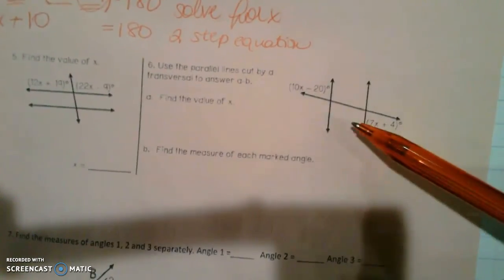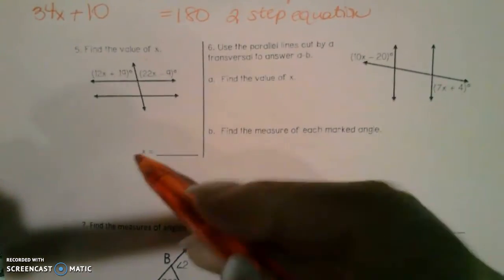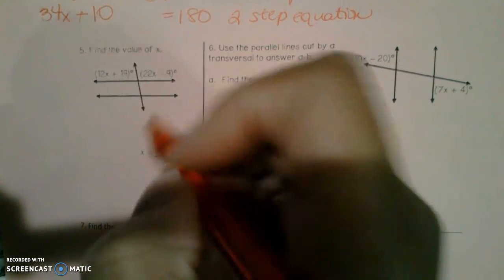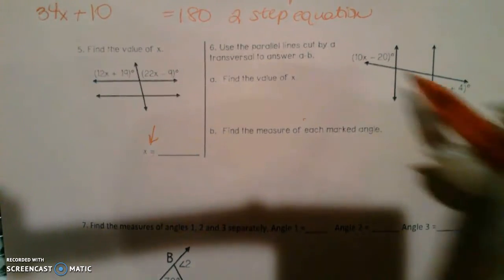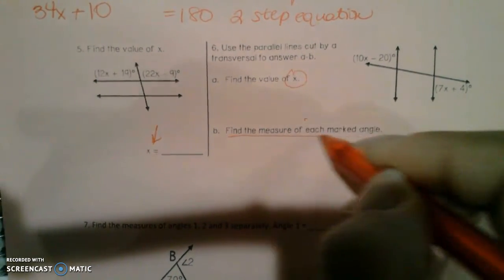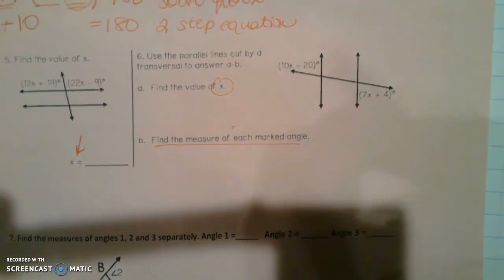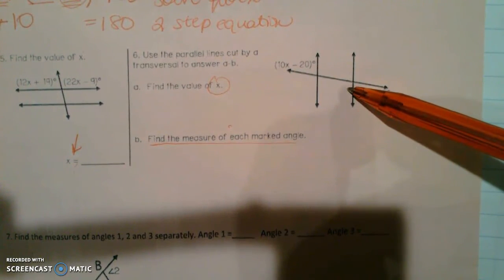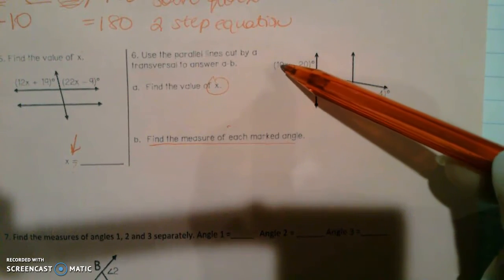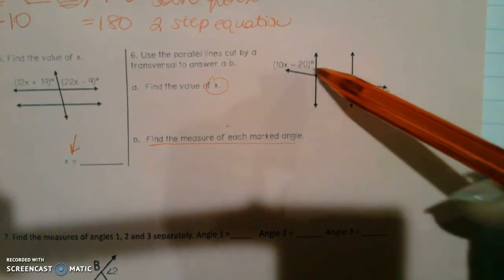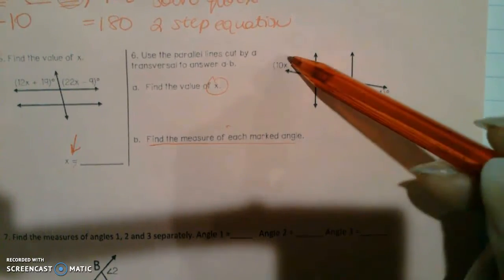Now we're going to do the same thing over here, but the difference between number 5 and number 6 is number 5 just wants x, but number 6 wants x and the angles, okay? So if we use the parallel lines that are cut by the transversal, we should see that 10x minus 20 and 7x plus 4 are alternate exterior angles.